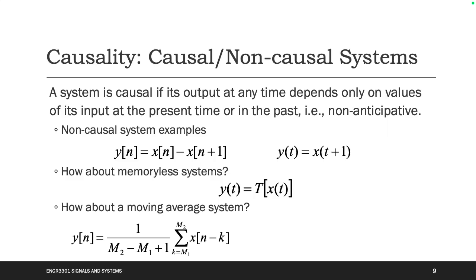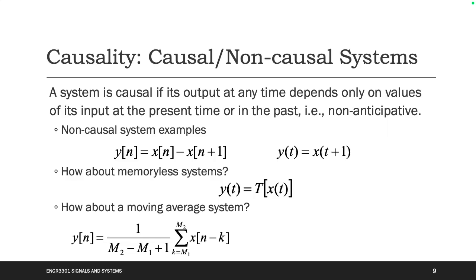So if k is greater than 0, the n should add a positive integer, it will be future time, so it will be non-causal.